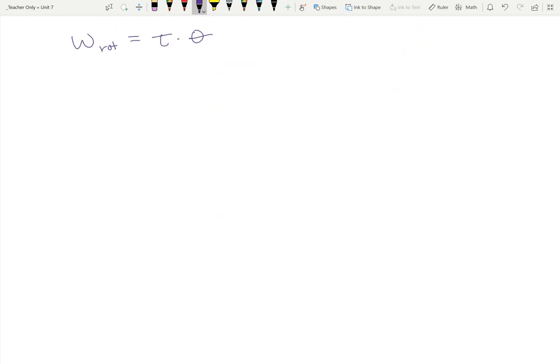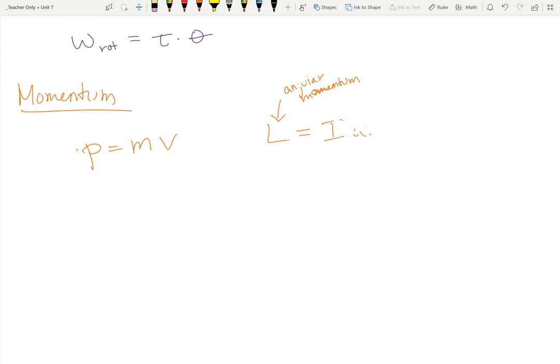Continuing down. I know I'm running out of colors. Should we go orange? Then our next unit we just finished was momentum. And once again, in momentum, we had P. Momentum is mass times velocity, or P equals mv. And we can translate that into L, because we've really run out of letters now. L is going to be angular momentum, which is equal to I omega.